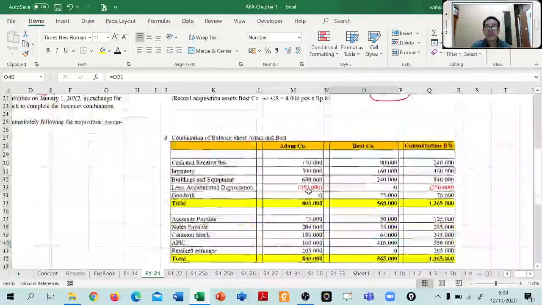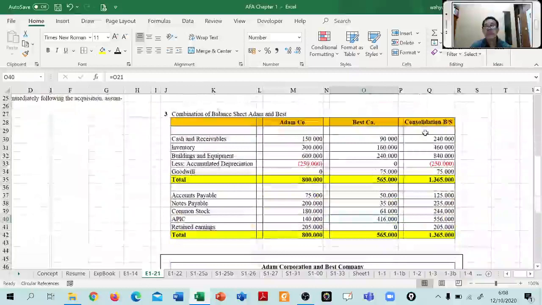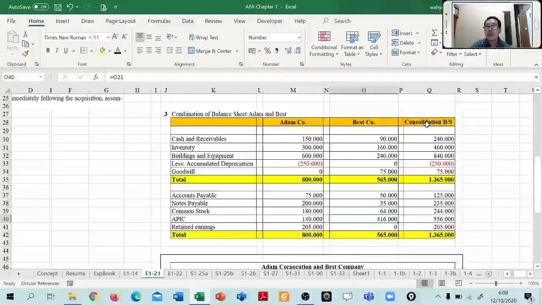Okay, and in the right column we get the consolidated balance sheet of Adam and Best. It combines the column of Adam and the column of Best company. 150,000 plus 90,000, so we get 240,000, and the others use the same calculation.